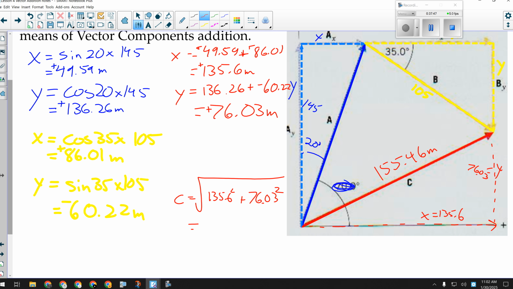Okay, what am I missing? I need the direction, right? So I got to get the angle. I never even drew that in there, but it's going to be right there. All right, so to get theta, I'm going to use the opposite and adjacent sides. So I'll go tan to the minus 1 of 76.03 over 135.6.